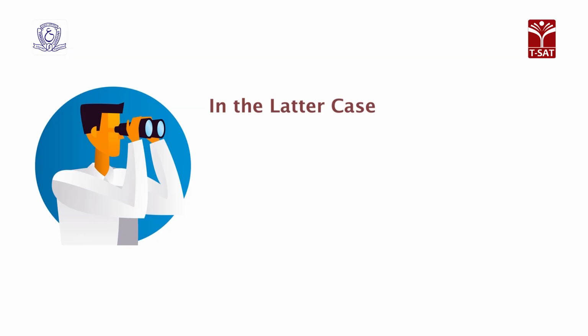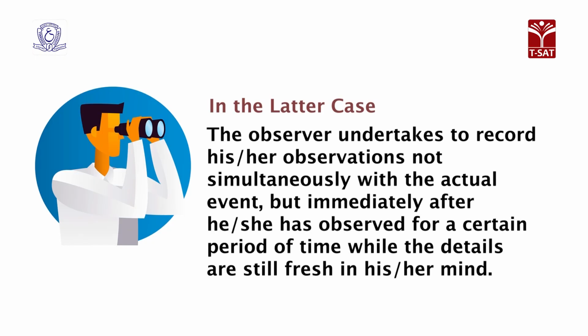In the latter case, the observer undertakes to record his or her observation not simultaneously with the actual event, but immediately after he or she has observed for a certain period of time, while the details are still fresh in his or her mind.